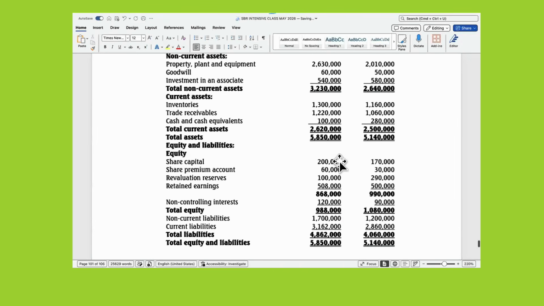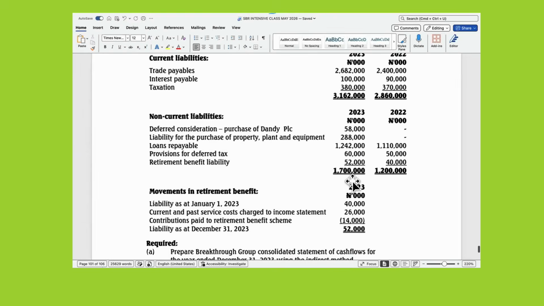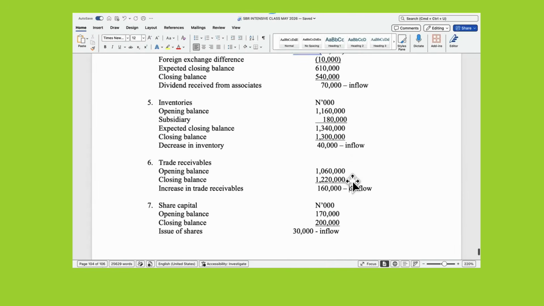Share premium from 30 to 60. Reserve came down from 290 to 110. That was because of that revaluation deficit. Then retained earnings: the difference between these two should be profit, but since they paid dividend and all of that, that would also be a cause of movement. So let's look at all the movements in those items.